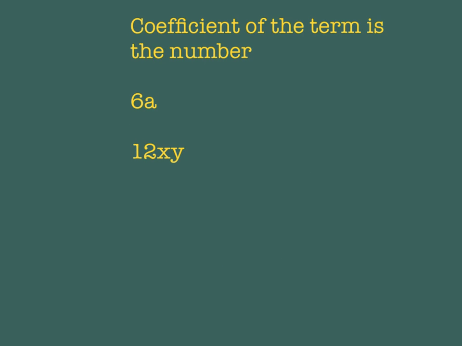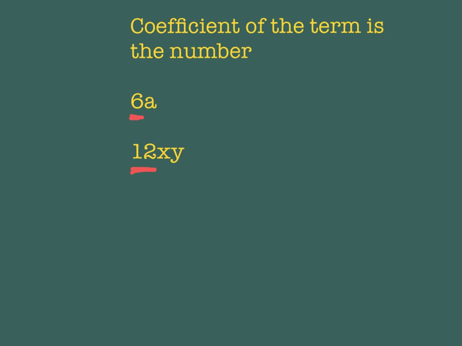One last thing that we need to cover today is the coefficient of a term. And the coefficient is the number that is with the variables. So on our two terms here, on the first one, we have 6a, our coefficient is the 6. On our second term, 12xy, our coefficient is the 12.